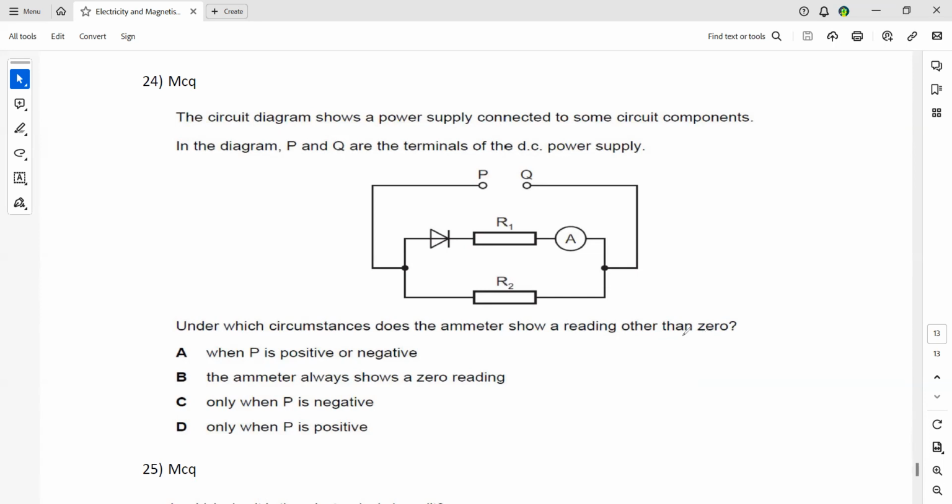Like the ammeter will show any reading but not zero. When P is positive, some of the current will flow through this one and some will flow through R2. So the ammeter will show other than zero. There will be some reading on the ammeter.